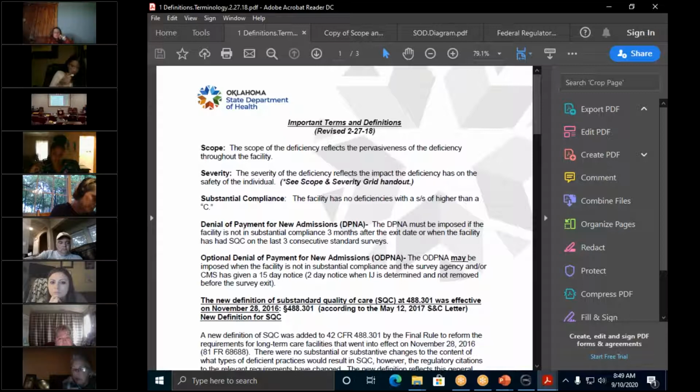So ODPNA may be imposed when the facility is not in compliance and the survey agency or the CMS has given a 15-day notice. Now, if you have an IJ at your facility that was not removed prior to the exit, then it becomes a 2-day DPNA. But anytime it's substandard quality of care, it's going to be a 15-day.